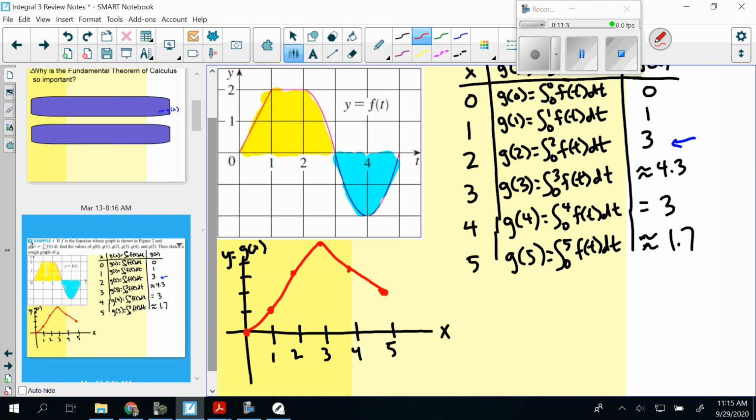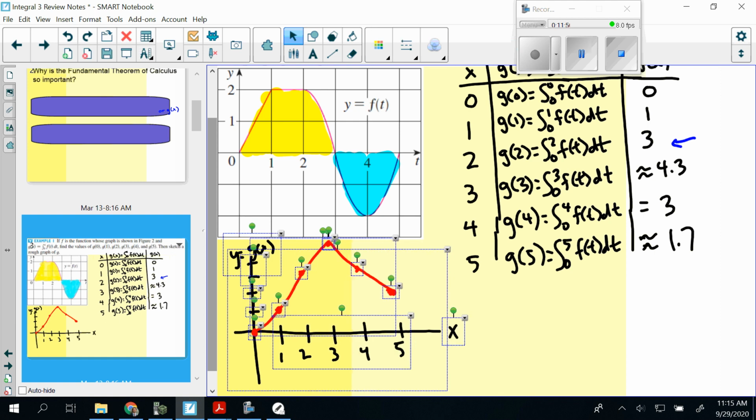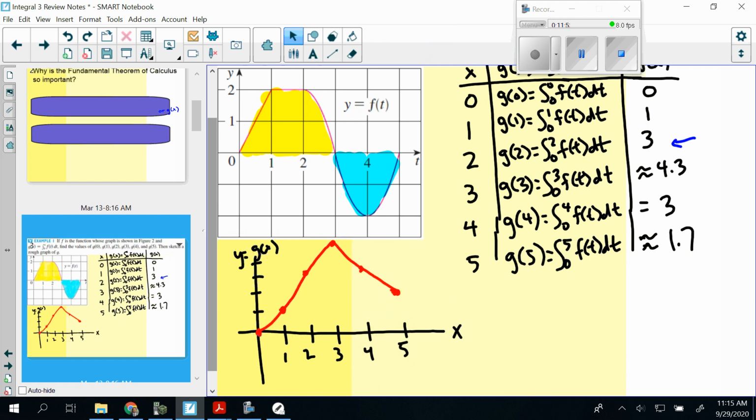Some things we should notice here. On our graph, this point looks like the highest point. That would be our maximum here. My graph got a little off here. I'm going to slide this over here. There would be our graph. So what do we notice about that?